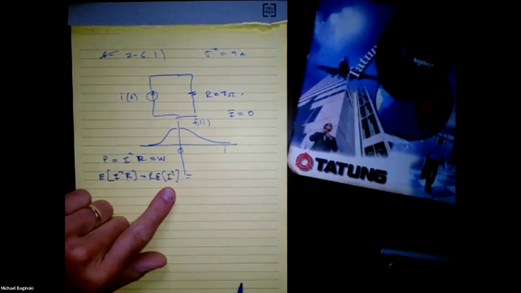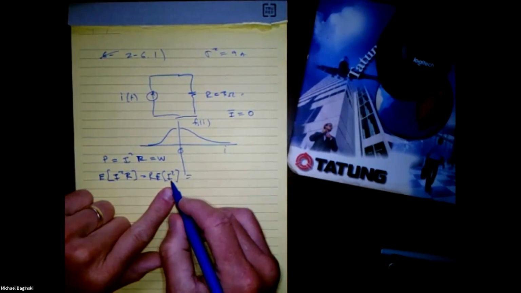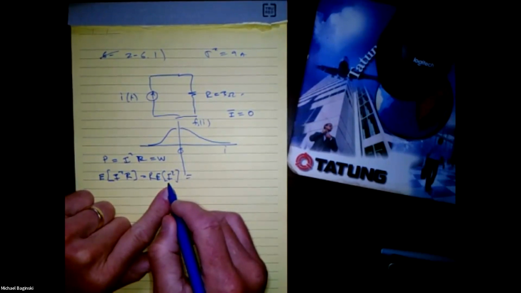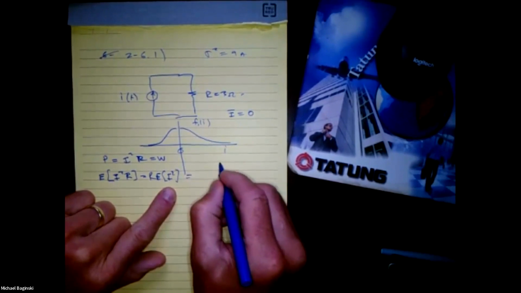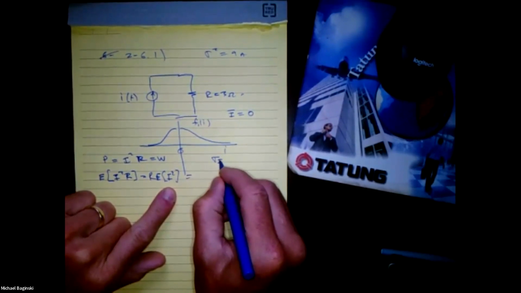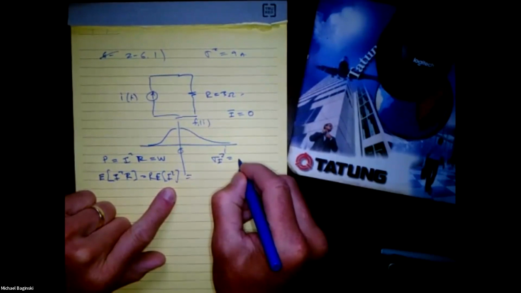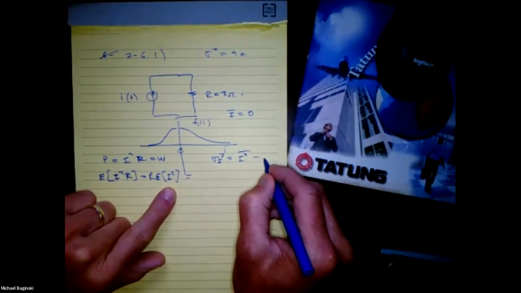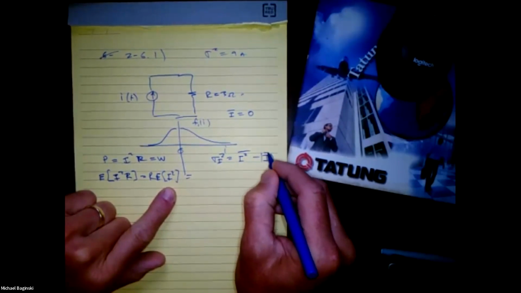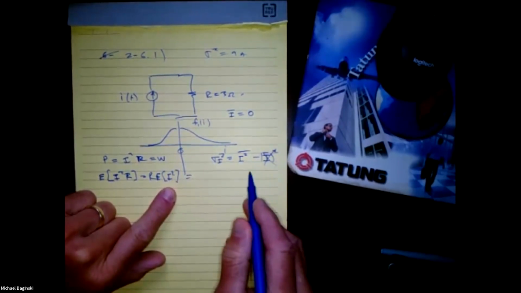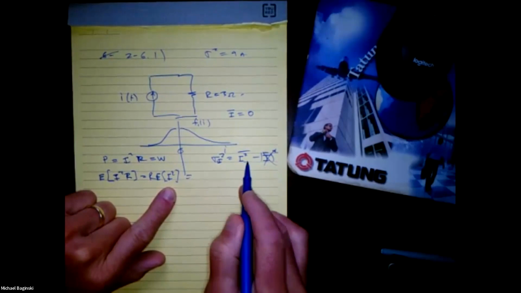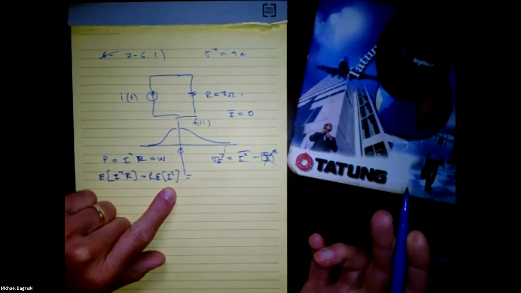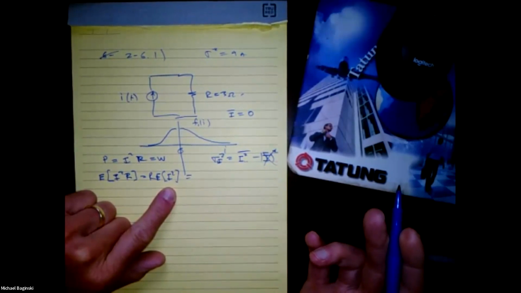Well, if it's a 0 mean, this is really the variance, isn't it? If the mean is 0, sigma squared of I would be the expected value of the square of I minus the mean value squared. And if this is 0, the variance is the second moment.